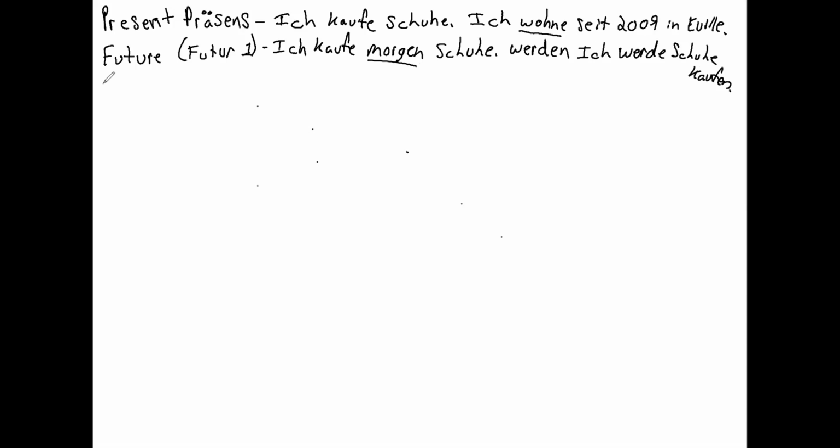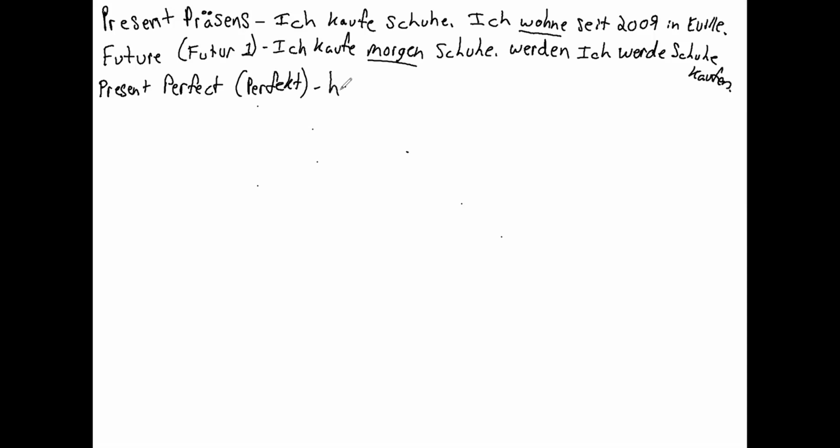Then we had the present perfect, which in German we just called Perfekt. And Perfekt is used just for the past tense things whenever you're speaking in German.